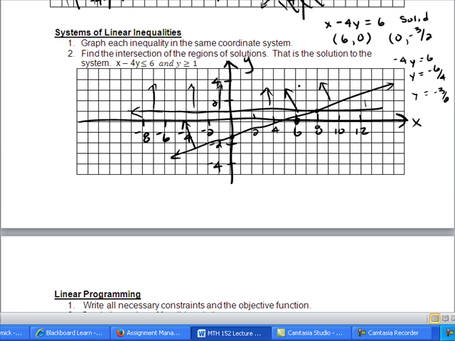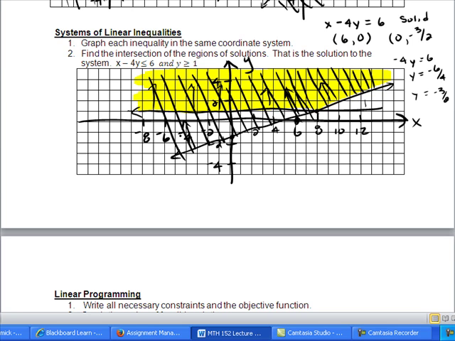I'll just go ahead and put in lines for the one going this way, and lines for the other going this way. So where the two intersect is that yellow region, and that would be the solution to the system.